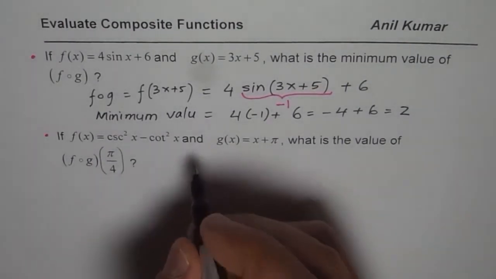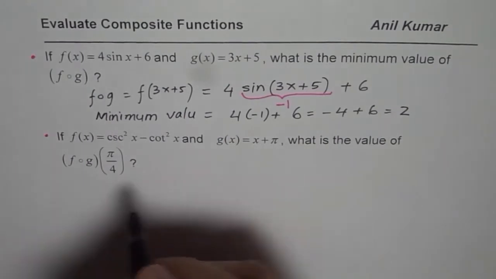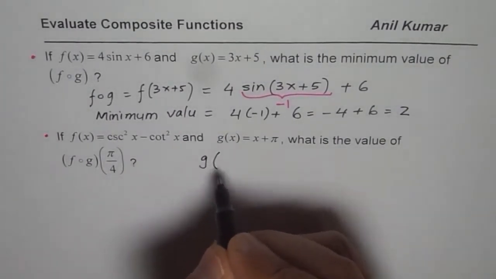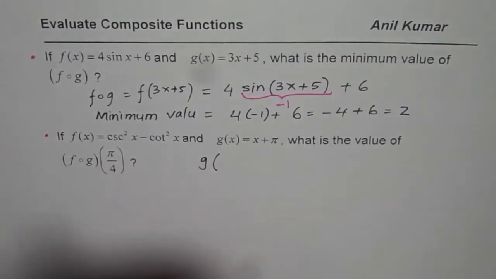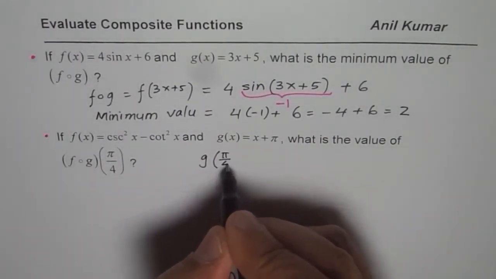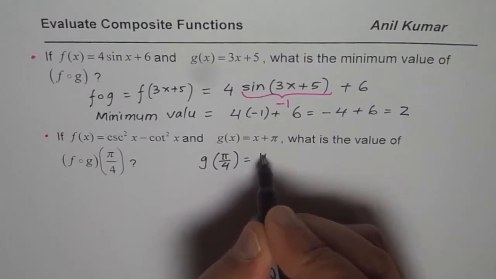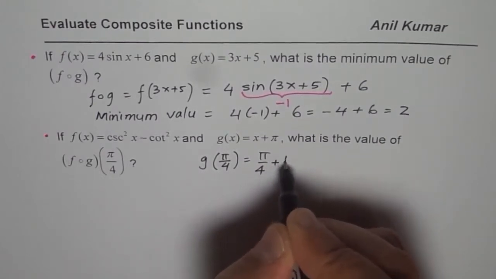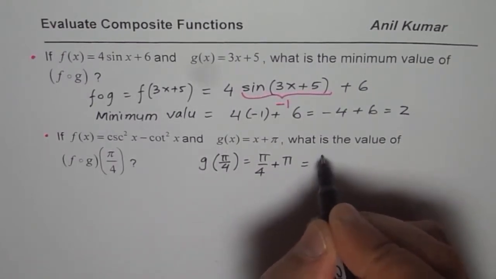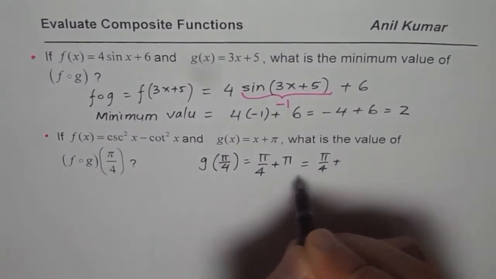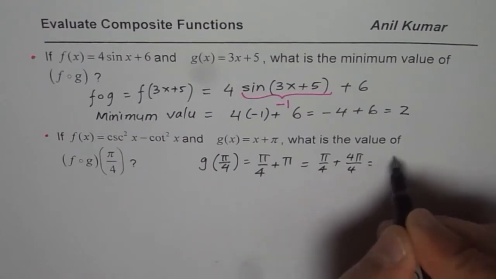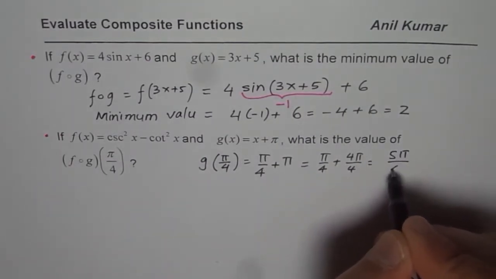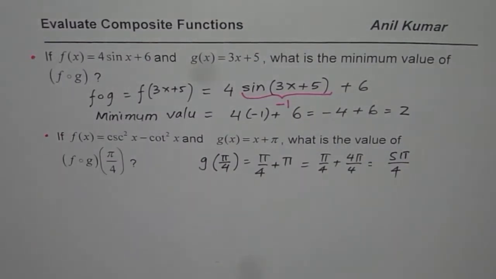So first we will find g of x when x is pi by 4. So we get pi by 4 plus pi, correct? That is pi by 4 plus, we'll multiply by 4, common base, it gives us 5 pi by 4. So that is what g of pi by 4 is, right?